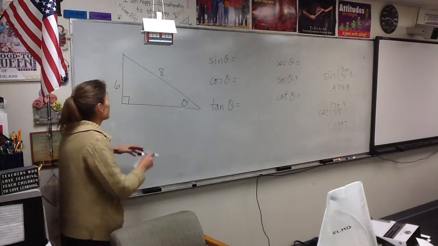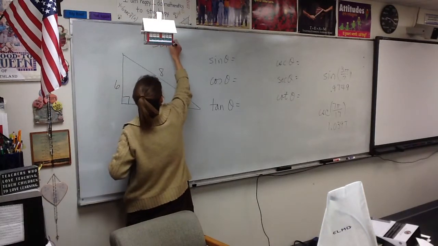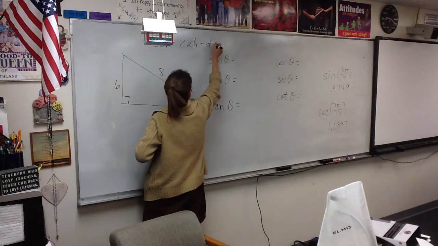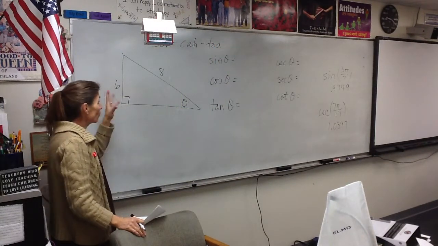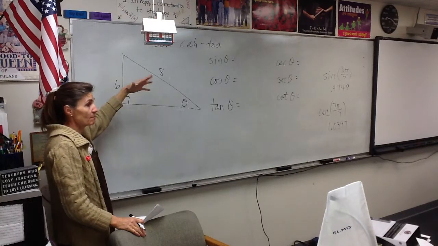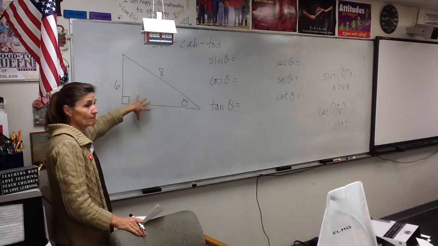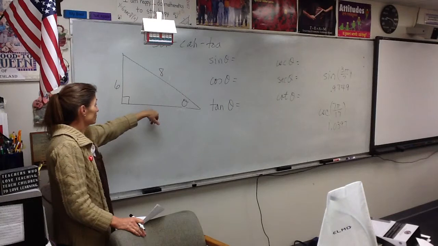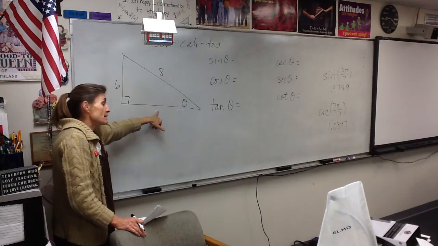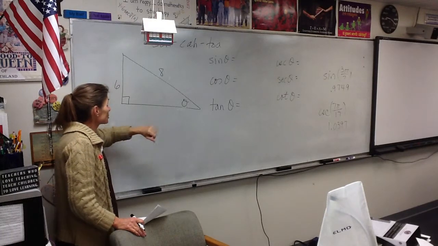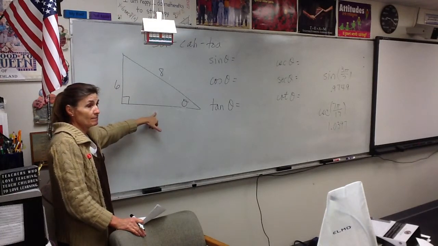So we need to find the values of all these functions. This is a right triangle, so I am going to think about SOHCAHTOA. Might write it down on my paper. Before I can start, though, there appears to be something missing. What's missing here? This side. I'm going to need that to answer the questions. So how might I find that side?